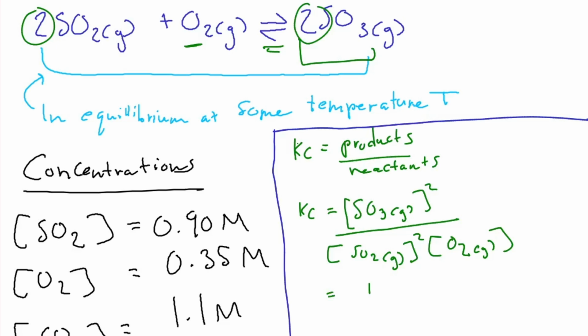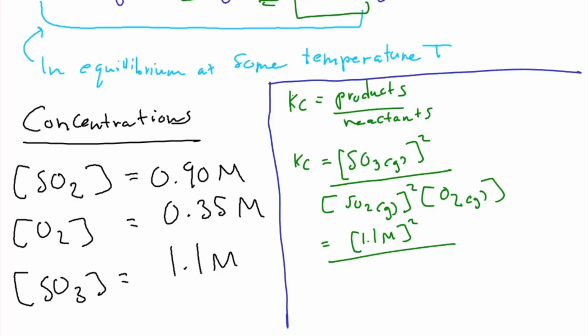SO3 is 1.1 moles, and we're squaring it, over SO2, which is 0.90 squared moles, and O2 would be 0.35 moles on its own, like that.